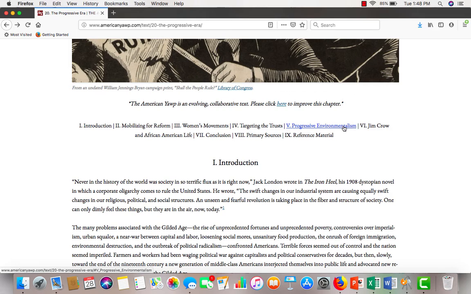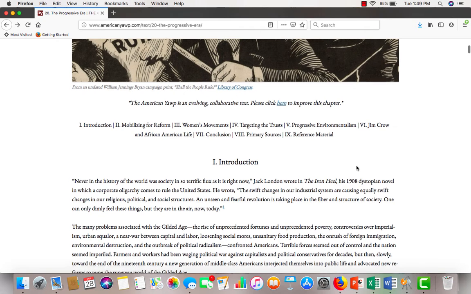Even back then, people were starting to become aware, and what would turn into the civil rights movement also seems to be touched upon in this.